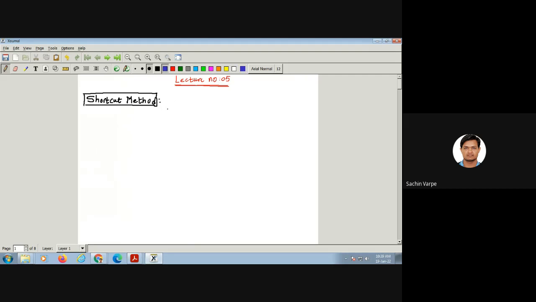As I said, we are trying to find the particular integral of this linear differential equation of nth order, that is phi of D into y is equal to f of x. Depending upon the nature of the right hand side function, we have several shortcut formulas. For example, if this f of x is of the form exponential function, then we have a shortcut.